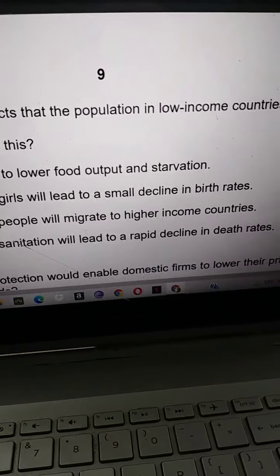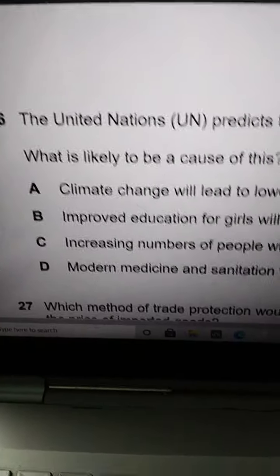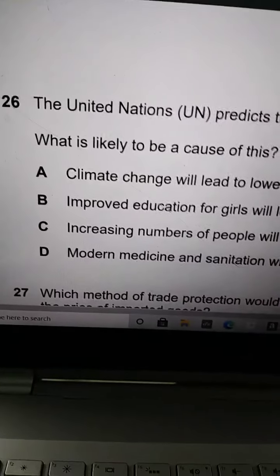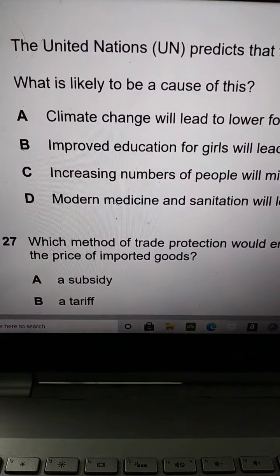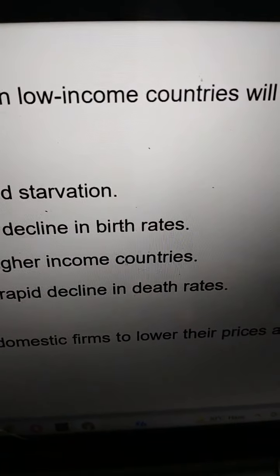The United Nations predicts that the population in the low income countries will increase, and the population is going to increase. What is the reason for it? Look at option D. Modern medicine and sanitation will lead to a rapid decline in the death rates. That is what's happening actually.